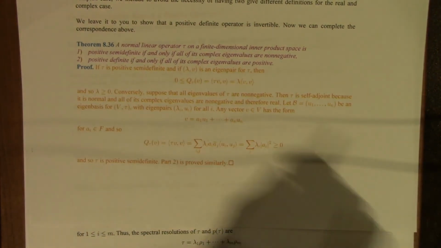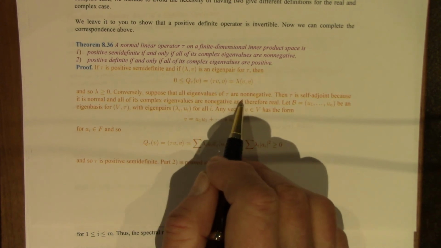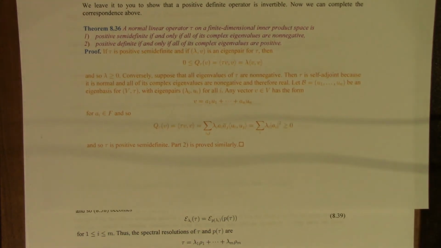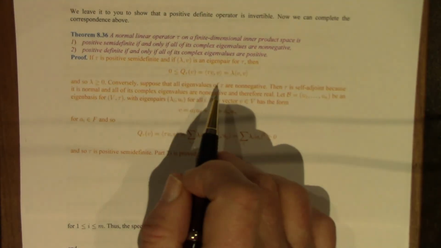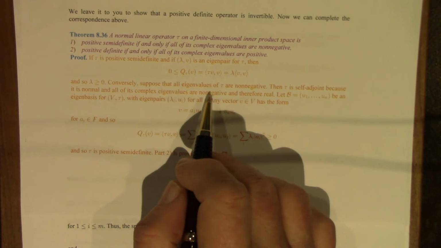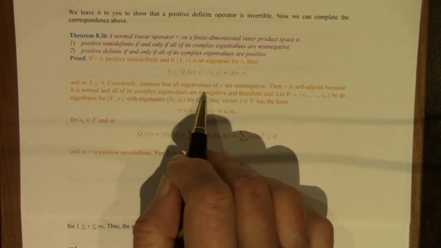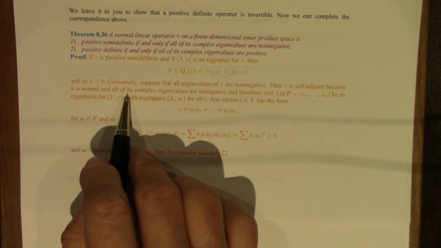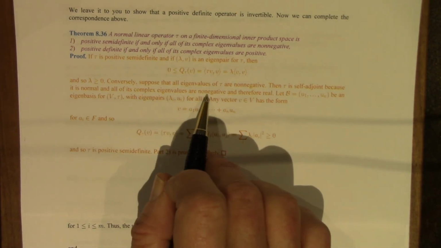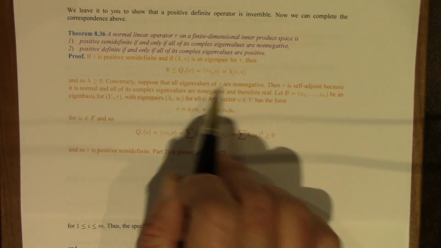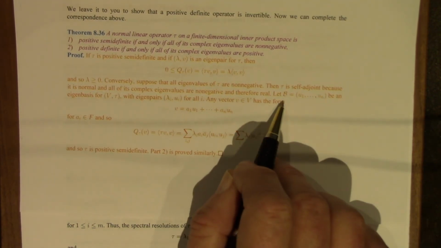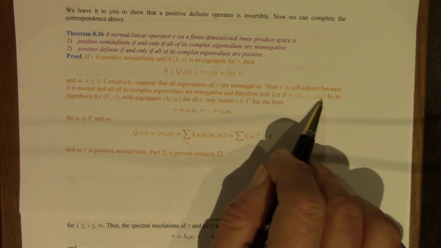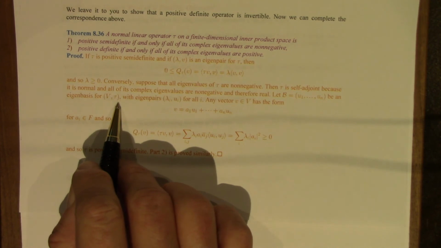Conversely, suppose that all the eigenvalues are non-negative, then tau is self-adjoint because the eigenvalues are real. So that's an earlier correspondence. And all of its complex eigenvalues are in fact non-negative, which we're assuming. So that's why they're real. So we can then take an eigenbasis for the pair V, tau.